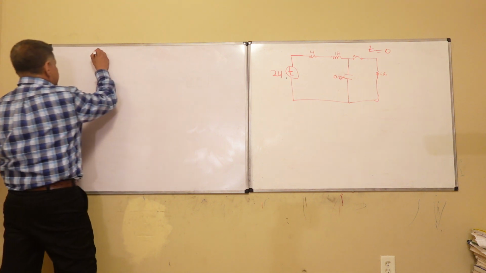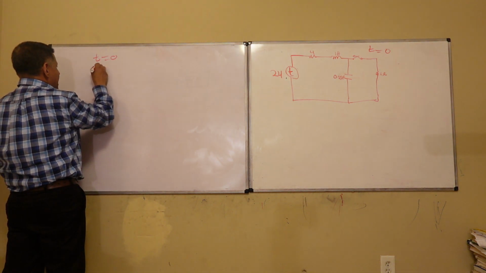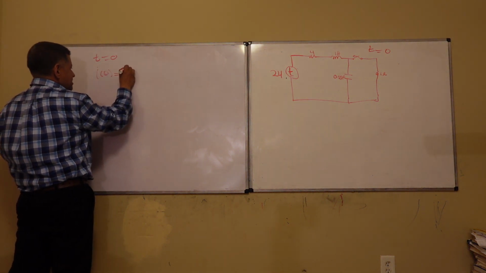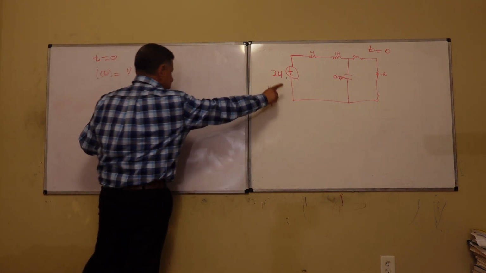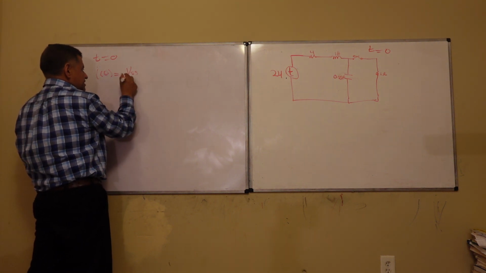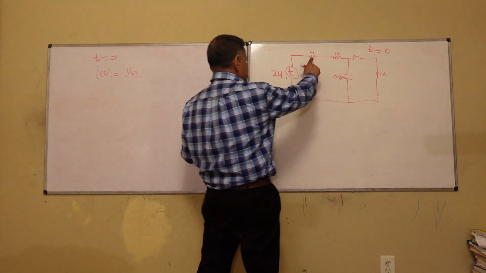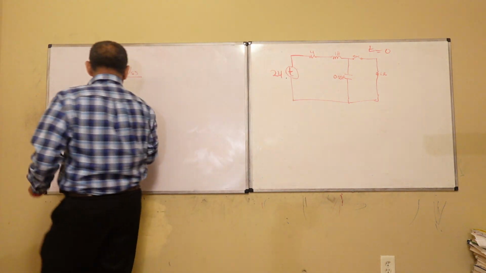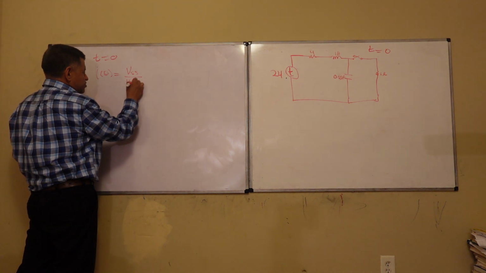So at t equal to 0, I at 0 is equal to the initial voltage, which is this guy. You can call it V_SS, steady state, divided by the resistor in the case that we're studying, which is that one, plus the other resistor that was previously there. So we do 4 plus 1, right?